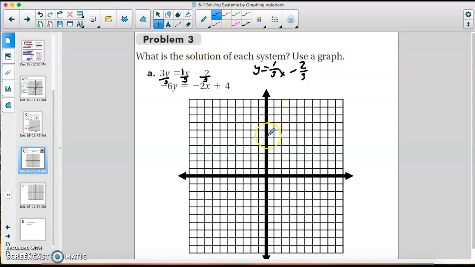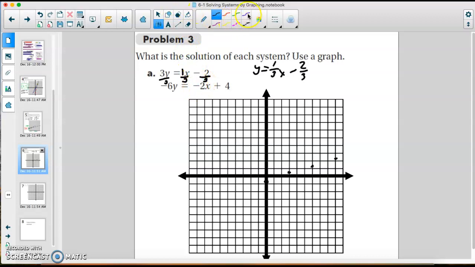So we plot our point at negative 2/3, and then we're going to go up 1, which is going to be at 1/3, and then over 3. Then up 1 again, and then over 3. It's a little tricky because they're on the thirds, but we'll do our best. Up 1 over 3. We'll call that good for now.